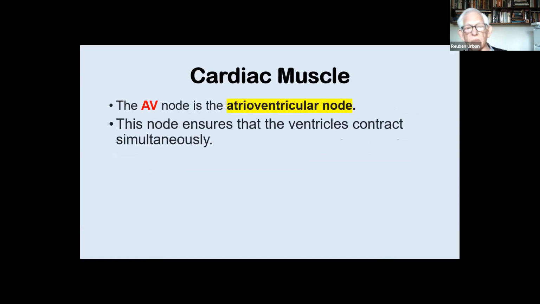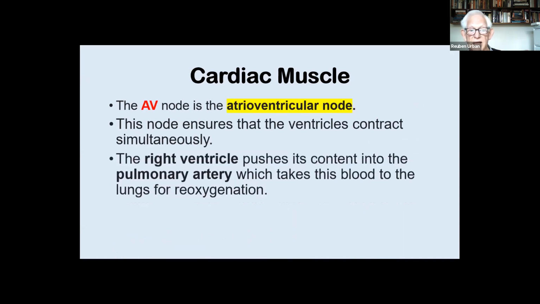The second one, the AV node, is called the atrioventricular node. That's the atrium and the ventricle, and it makes sure the ventricles contract simultaneously. So the right ventricle pushes its contents into the pulmonary artery. Now, pulmonary means lungs.